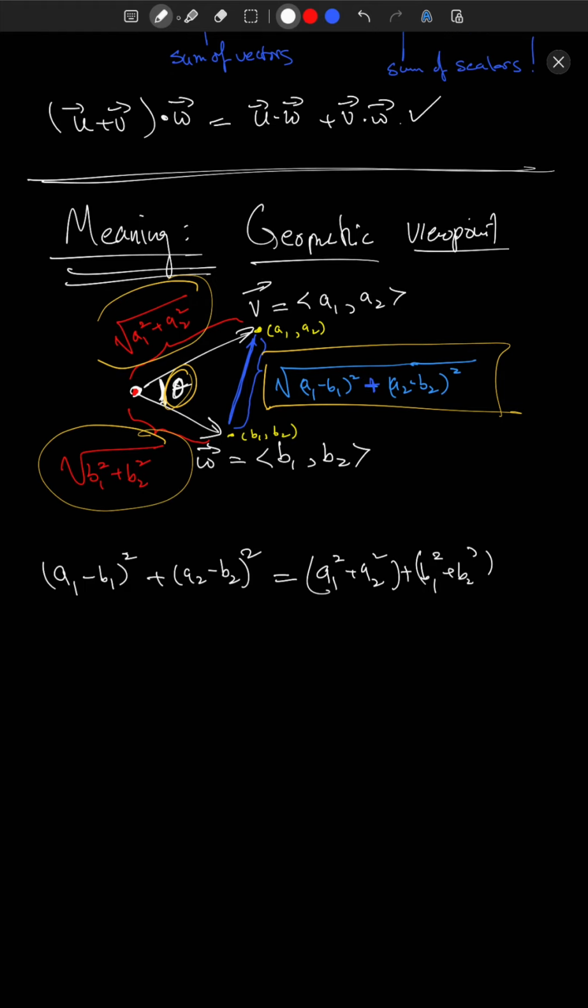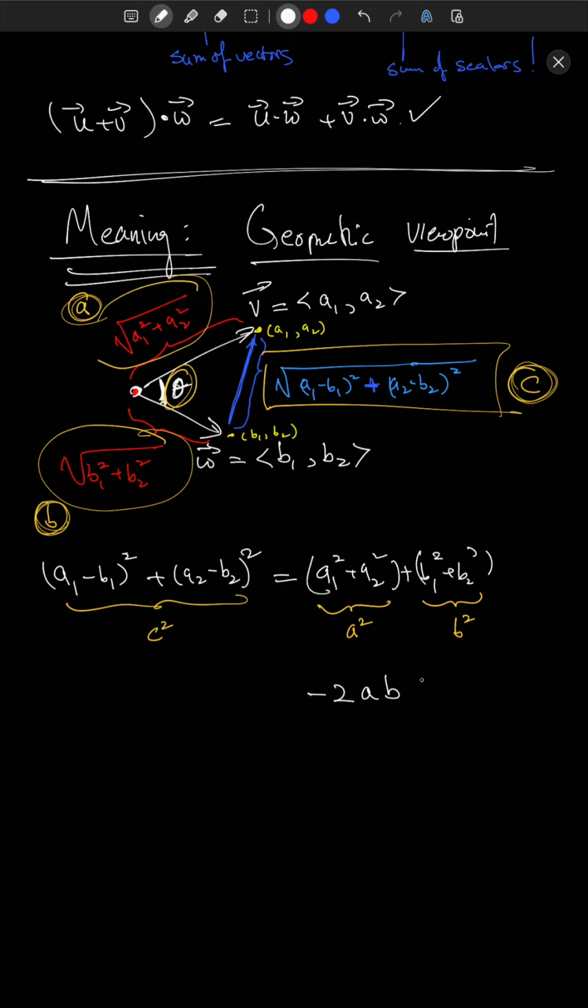If I call this guy C, I call this length A, and I call this length B, then we would be saying that C squared is equal to A squared plus B squared, and then we're going to have more terms: minus 2 times A times B times cosine theta.